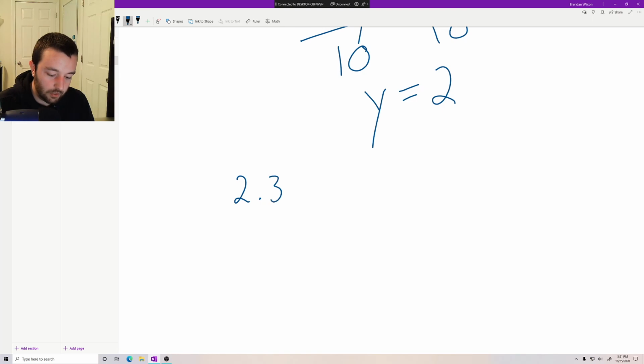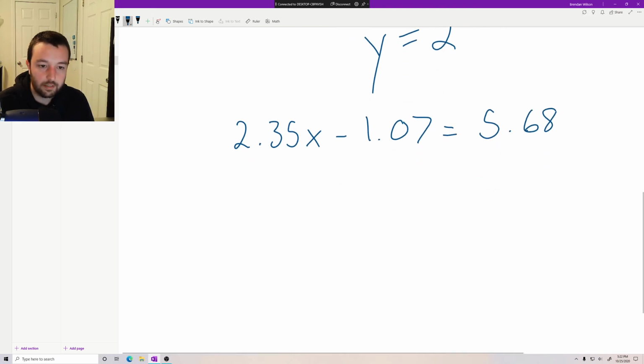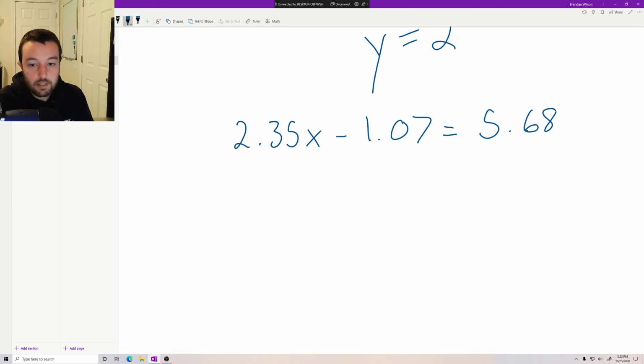Let's say we have 2.35x minus 1.07 equals 5.68. These numbers are pretty complicated, so I would recommend using a calculator for this one.